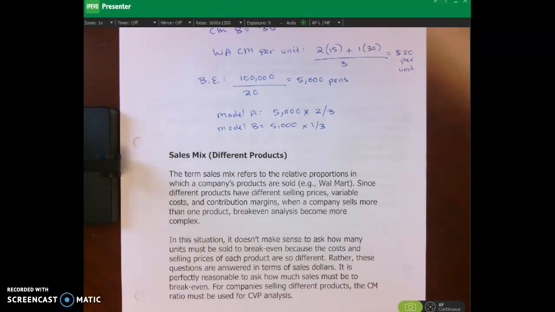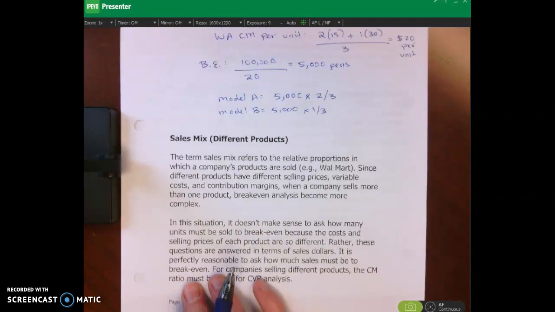They can't go through and say, well, for every roll of toilet paper that we sell, we also sell 5 toothbrushes. They can't really estimate that kind of a sales mix. It's very difficult. Because they have so many different products with so many different contribution margins, it's almost impossible to estimate the sales mix.